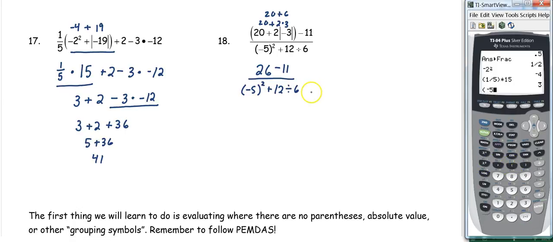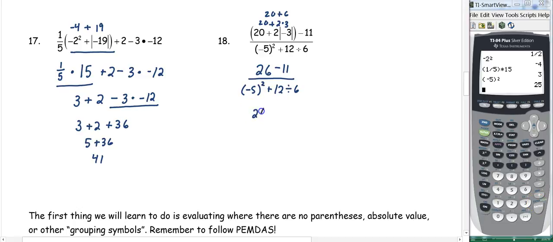Make sure we're using parentheses since it was written with parentheses. 26 minus 11 over 25 plus 12 divided by 6. So we're going to divide, which gets us 2. 26 minus 11 over 25 plus 2.